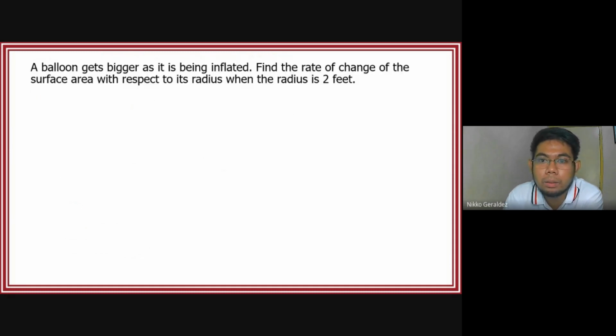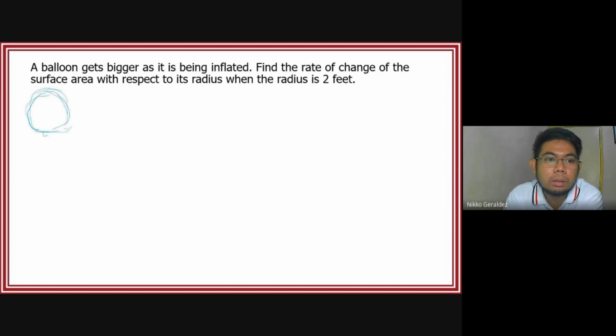Next example. So a balloon gets bigger as it is being inflated. Find the rate of change of the surface area with respect to its radius when the radius is 2 feet. Balloon daw. So consider natin yung balloon as spherical.